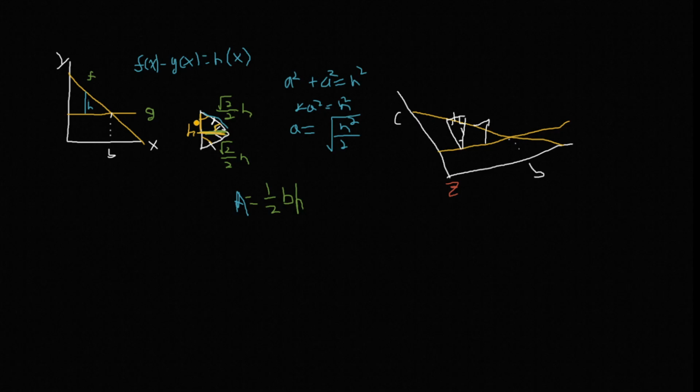This is h by 2, and this is h by 2. So it's just 1/2, and both b and h are square root 2 by 2. So 1/2, this is square root 2 by 2, and this is square root 2 by 2.